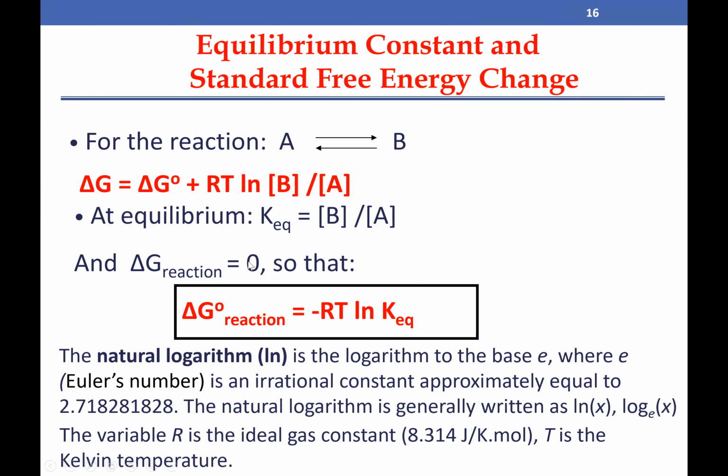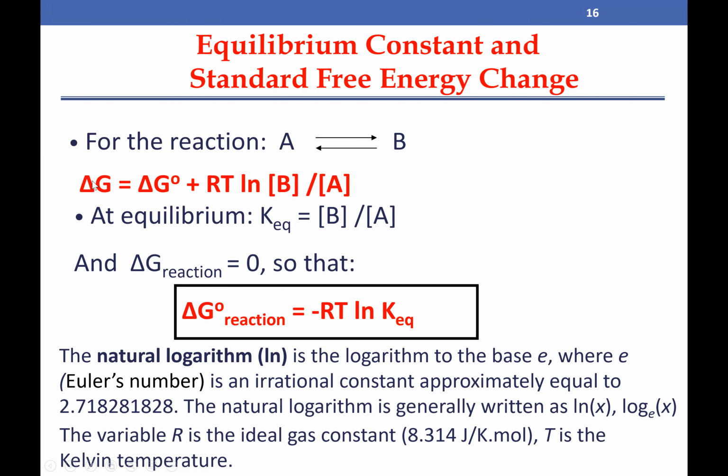No need to memorize. Now at equilibrium, we have something called the equilibrium constant, K equilibrium. It's equal to concentration of B divided by concentration of A. So for this part here, I can just replace it with this equilibrium constant. And we also mentioned before that during equilibrium, the delta G of a reaction is 0.